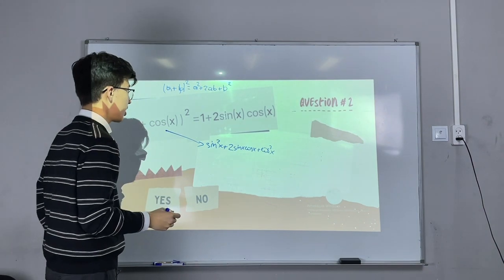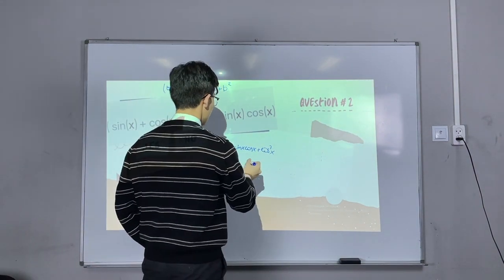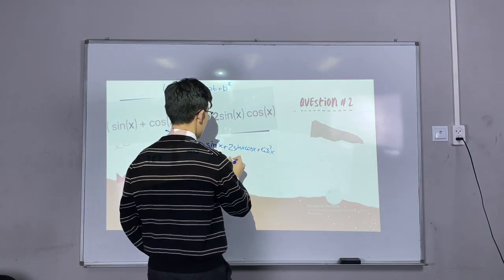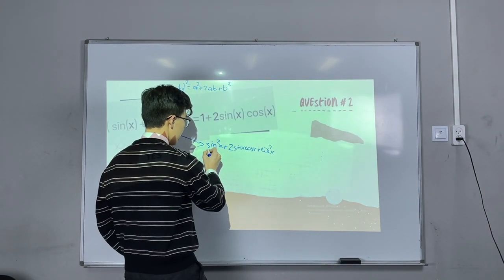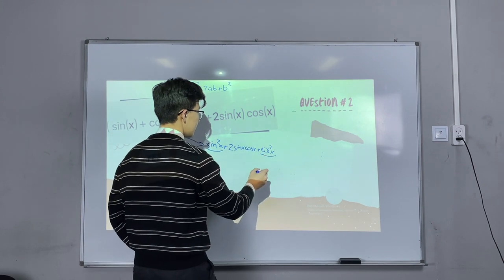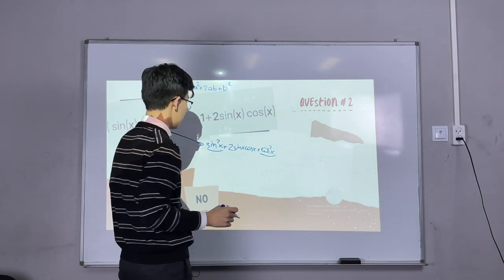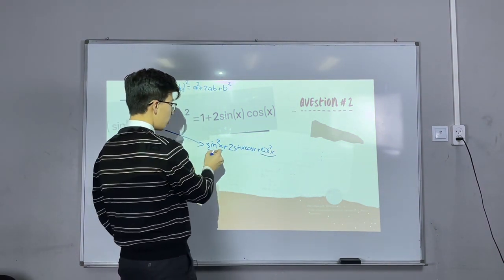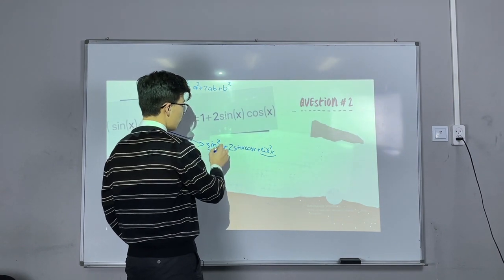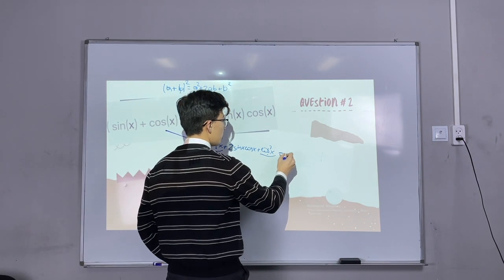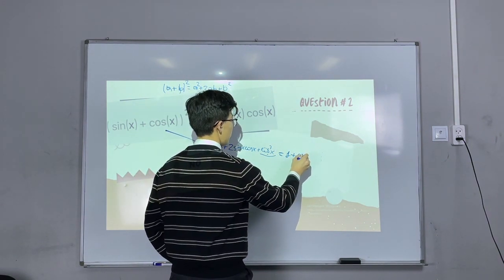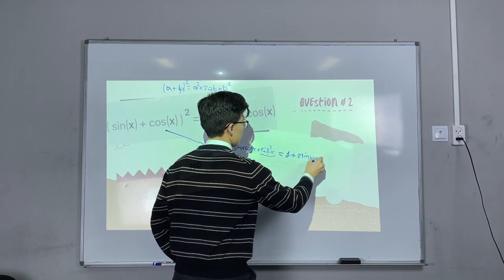And by this one you can write it. And here we know that the sum of sin x squared and cosine x squared gives us 1, so that is why we can write 1 plus 2 sin x cosine x.